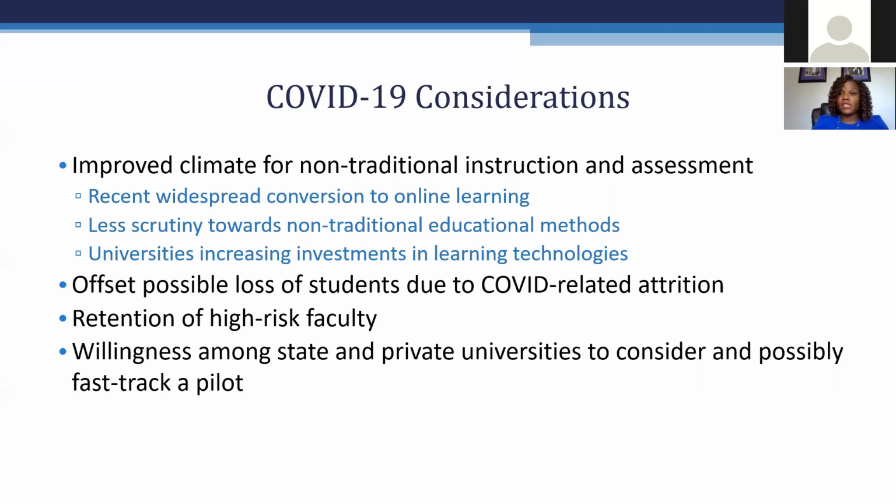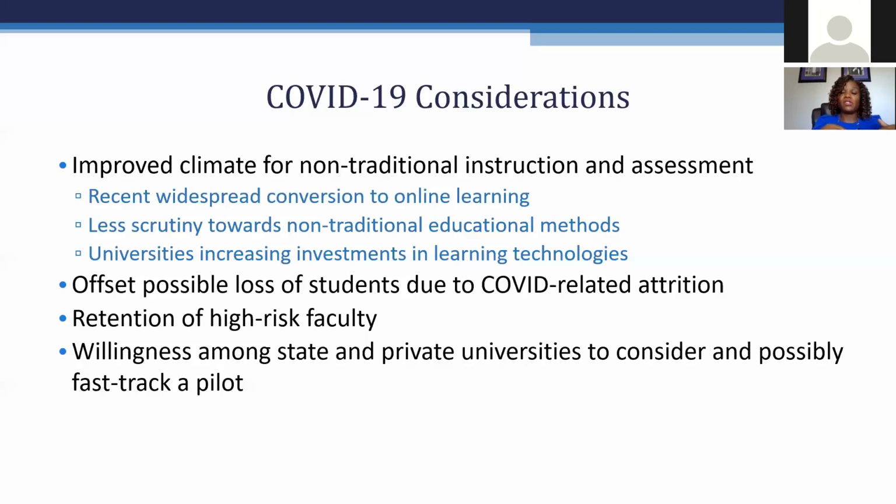And universities right now, in order to be prepared for whether or not we need to continue in this online instructional manner long term, are investing in more learning technologies. Another consideration is that PLA, including the portfolio assessment process, can potentially offset the loss of students due to COVID.